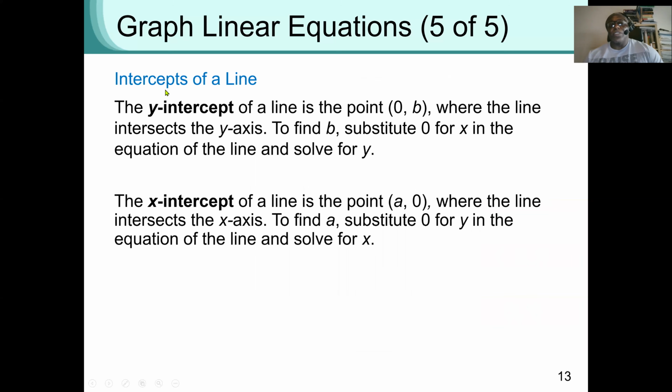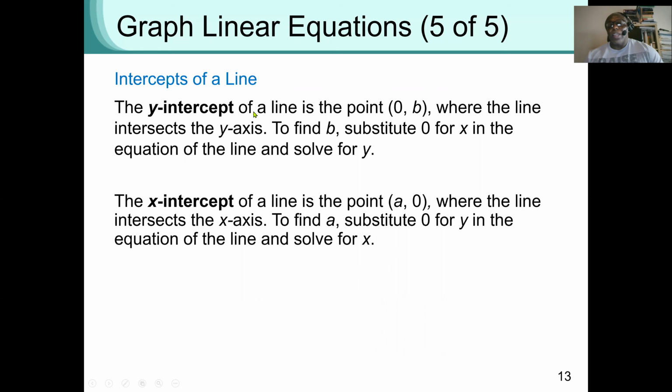Now, what is the intercept of a line? We have 2 intercepts of a line. We have the y-intercept. Y-intercept means the line intercepts the y-axis, so this means x has to be 0.